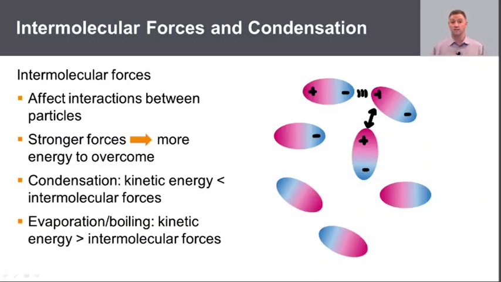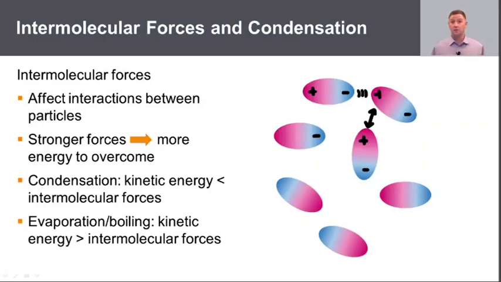Because the strengths of intermolecular forces determine how much kinetic energy is necessary to overcome them, we could expect that the boiling point would correlate with the intermolecular forces, and this is what we observe.